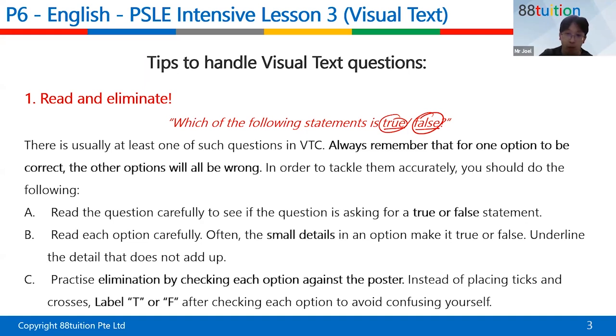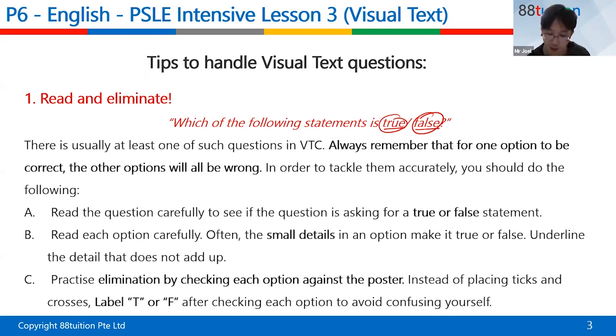Sometimes the poster might say something, but you don't realize that you actually misunderstood the poster. And that's when you make a mistake and bad stuff happens. Okay, so it's always a good idea to read A, B, C, D, compare A, B, C, D to the poster, make sure that you find which one is true, which one is false.